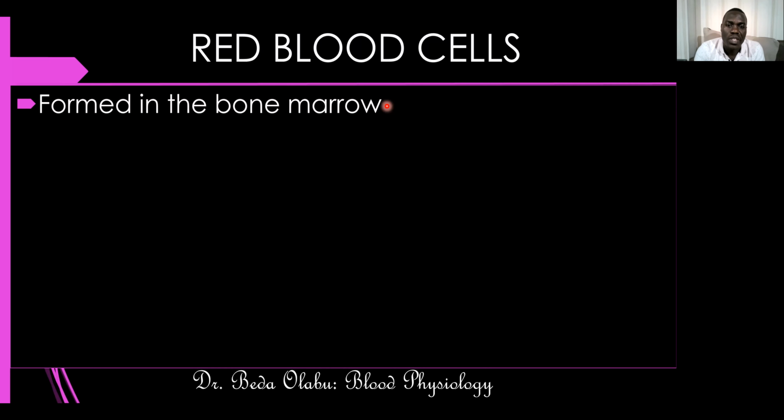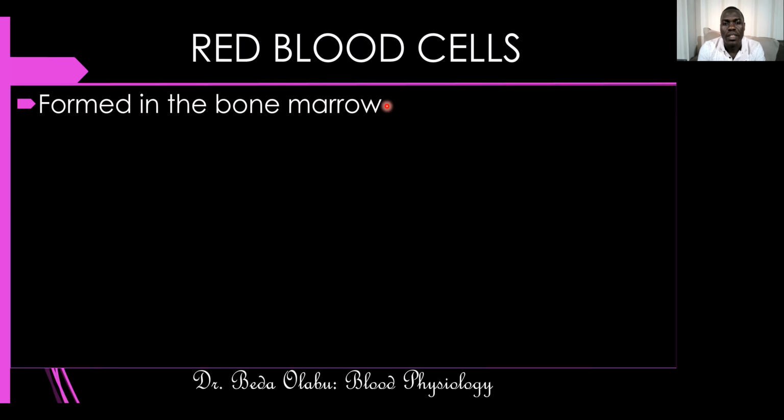However, there are some conditions that might affect the bone marrow so that it is not able to produce red blood cells adequately. In those circumstances, people can adapt by recruiting other sites to produce red blood cells.